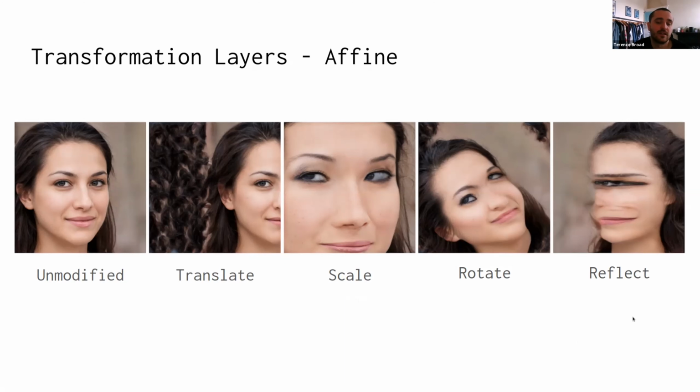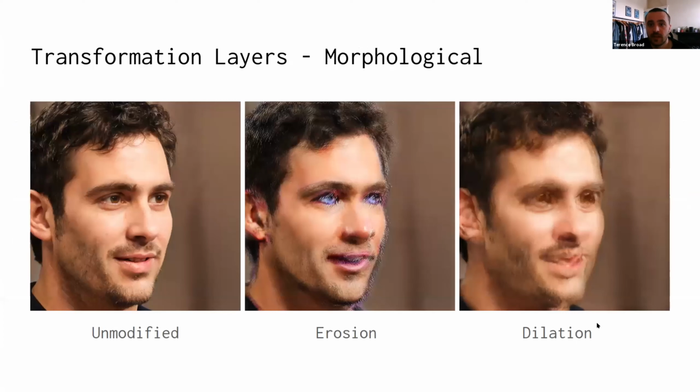But in this case, this is horizontal. And then we also have morphological transformations. Again, these are OpenCV C++ custom operators that are then integrated into PyTorch. And we have erosion and dilation, which are just done with circular structuring kernels with a pixel radius of 2.